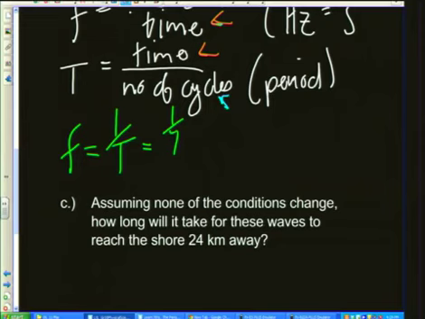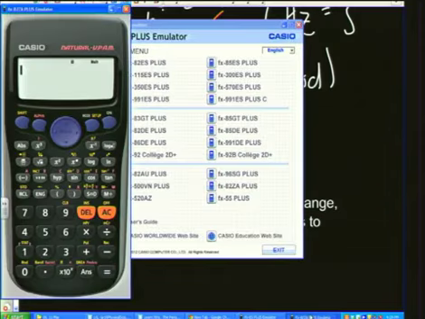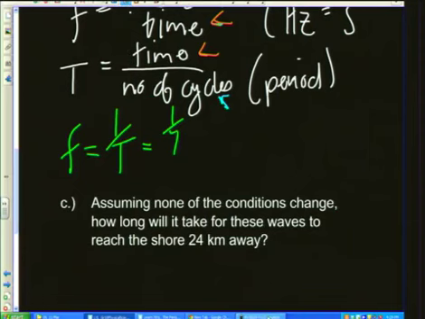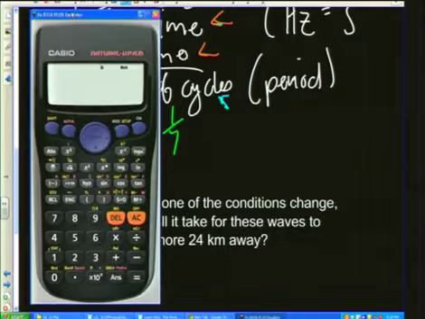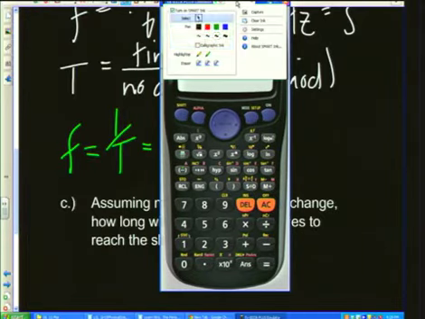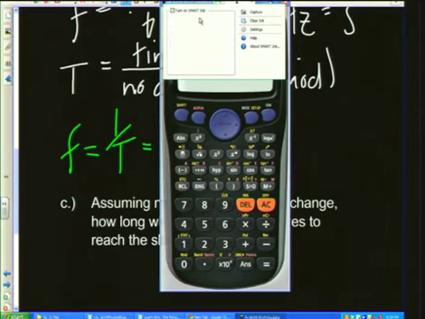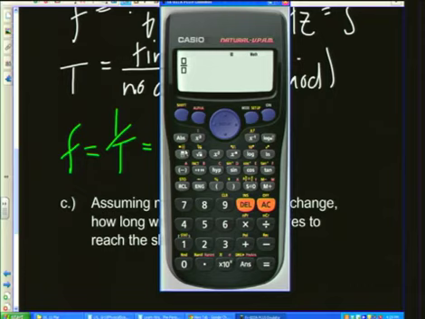If I want to get that on a calculator and just make sure that I've got it right, we want the old calculator out there. We're going to take the fraction button and put it in. 1 over 7, and what's the answer?